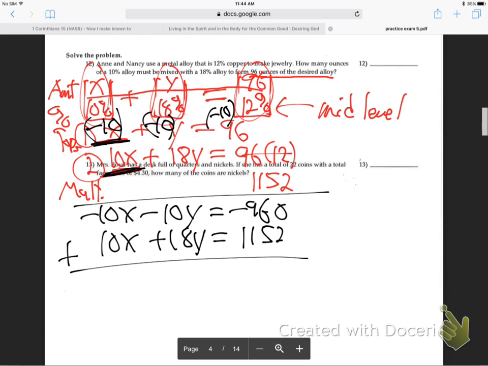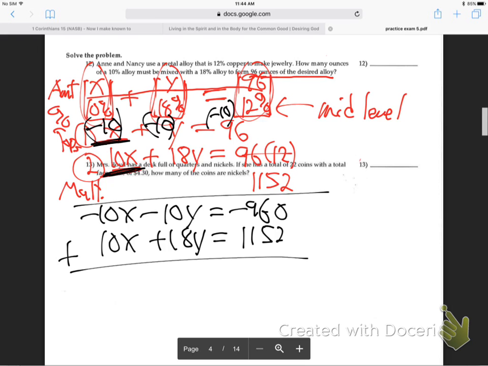So again, on the mixture problems, you put the mid-level percentage on the right, and then x and y on the left. Your first equation is top, top, top. Second equation is multiply, multiply, multiply. Then you make the fronts become opposites, so I did negative 10 on the top equation.